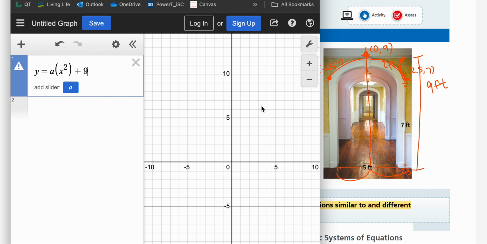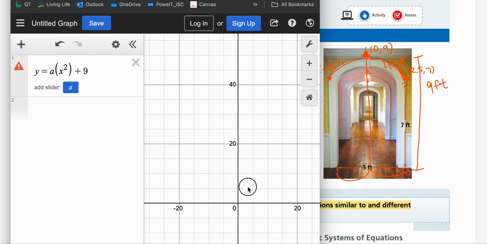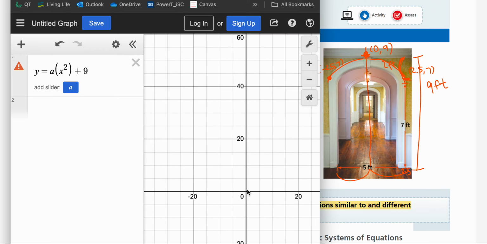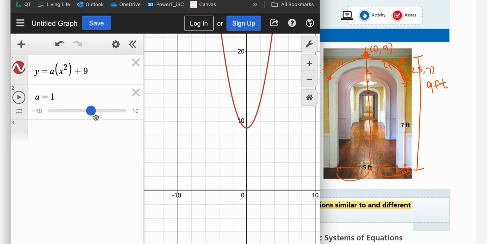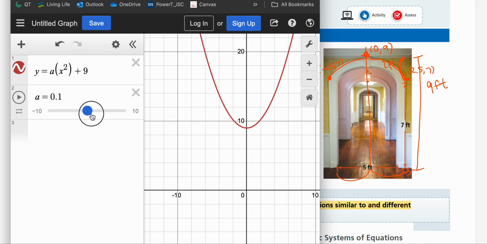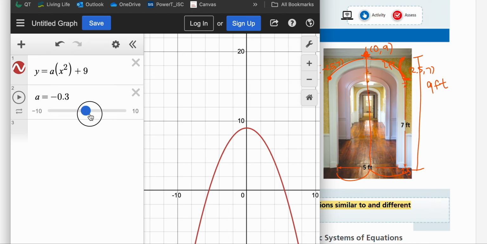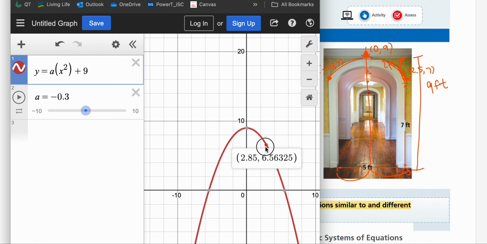And then we want to add a slider. If it's 1, it's going to look upward, but we want it to look down. We want it to have 2.5, 7.